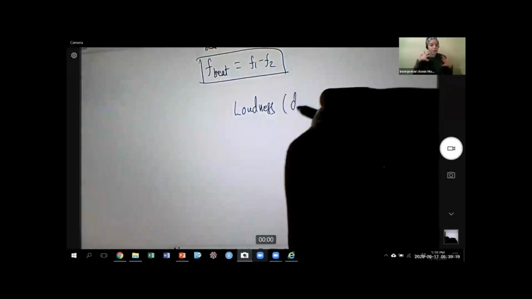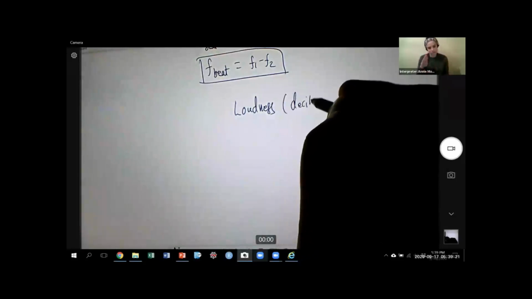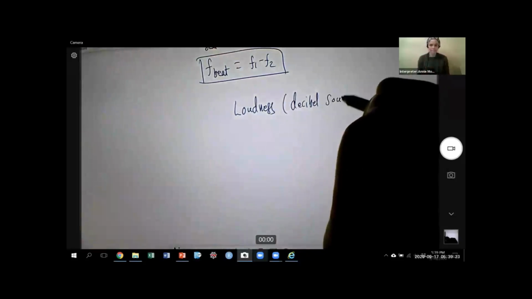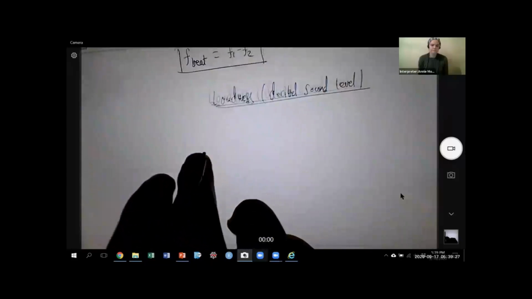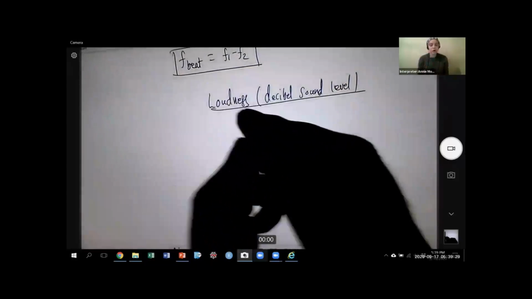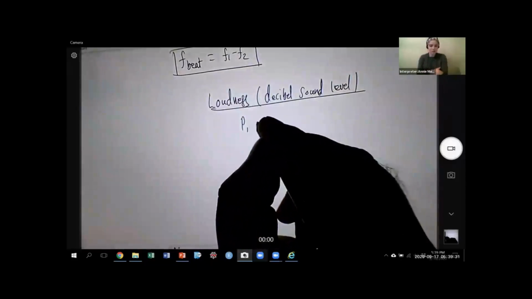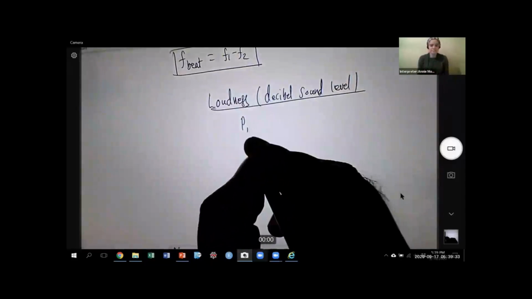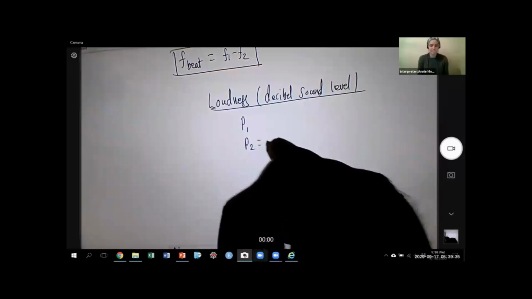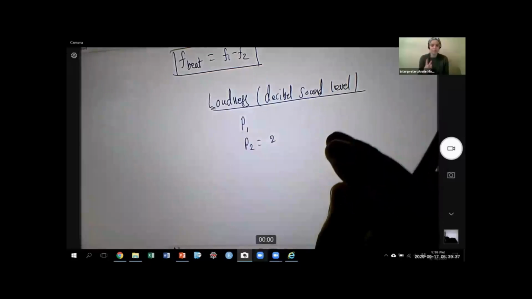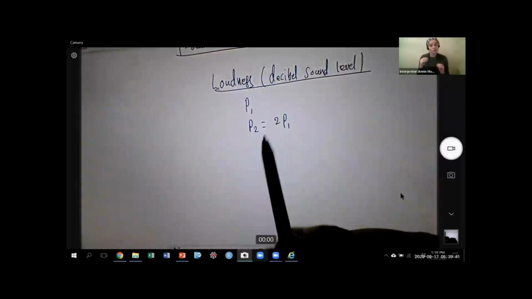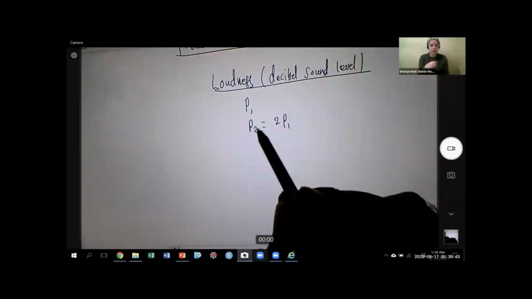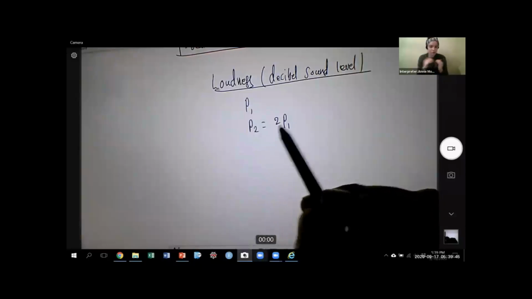You have two speakers, and let's say you double the power for the second one. What would the decibel increase be for the second speaker? Let's calculate that.